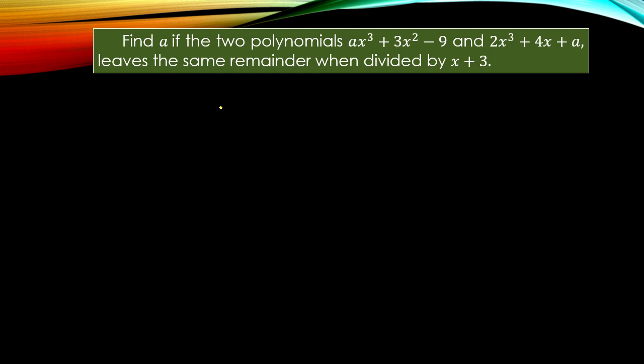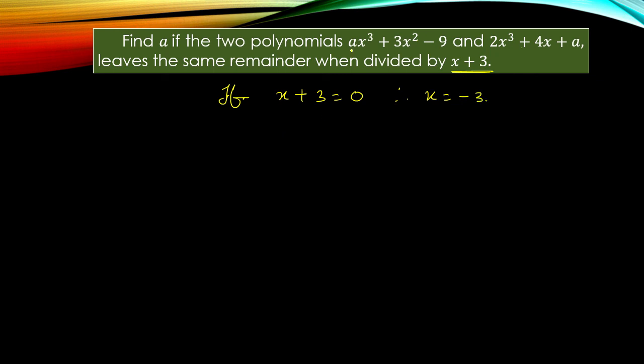First of all, we have to find the 0 of the divisor. In both the cases, x plus 3 is the divisor. To calculate the 0 of the divisor, we equate the divisor to 0. Therefore, we are getting x is equal to minus 3.